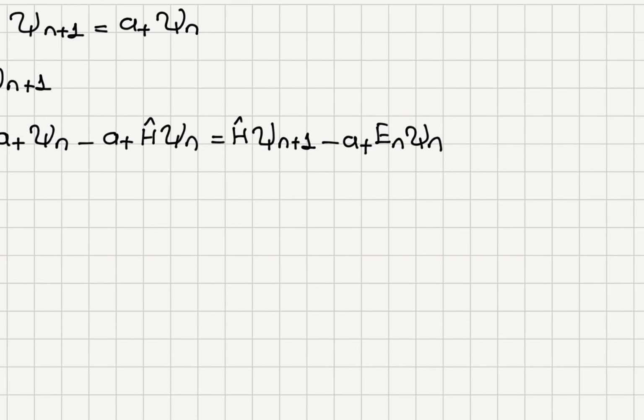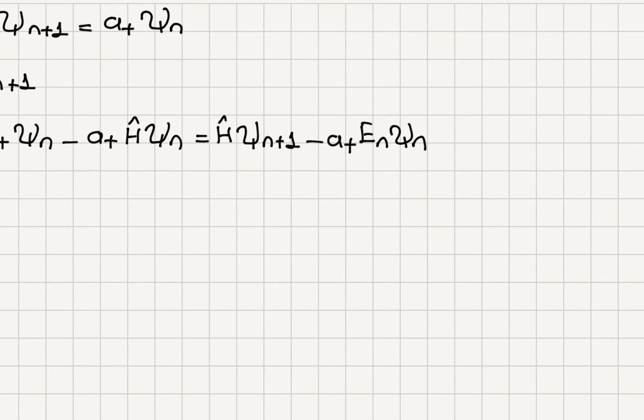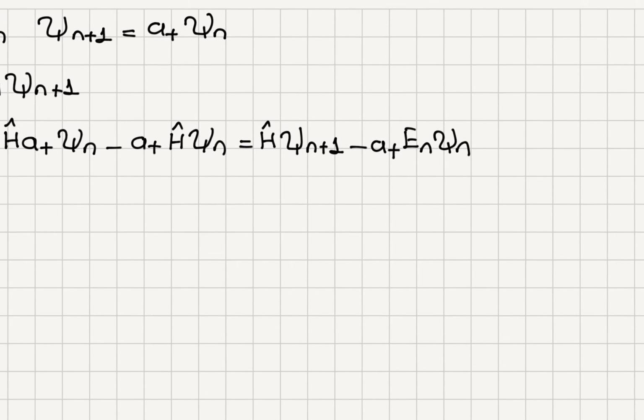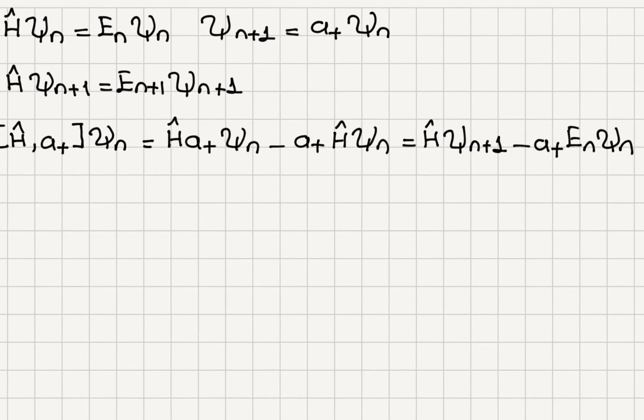And this is equal to, you can see here, the Hamiltonian applied to psi n plus 1 is E n plus 1 psi n plus 1, and then I have E_n multiplied with, because these can change order, it's just a product, this is a number, A plus applied to psi sub n gives me psi sub n plus 1.